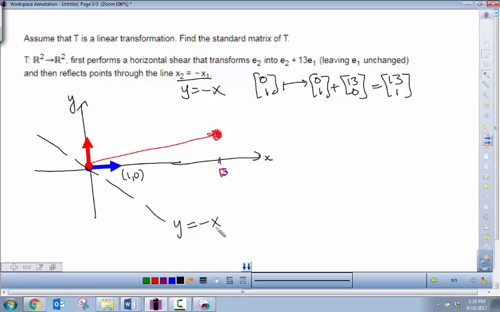When we switch the x's and y's like this, the y is going to equal the negative x. So I think our new vector would be down here, right? Is that correct? Let's call this E1, and this is going to be T of E1, and that's the big transformation.